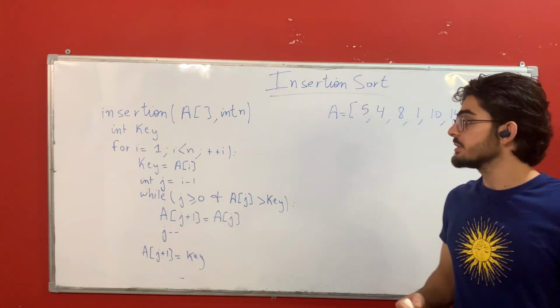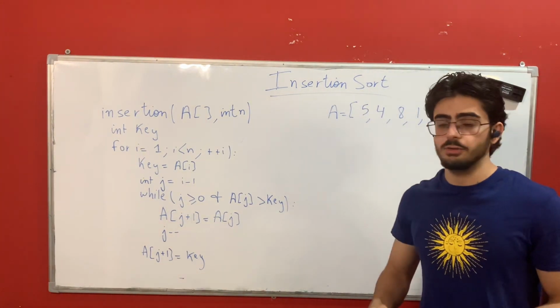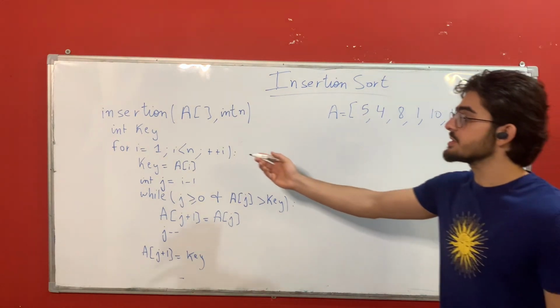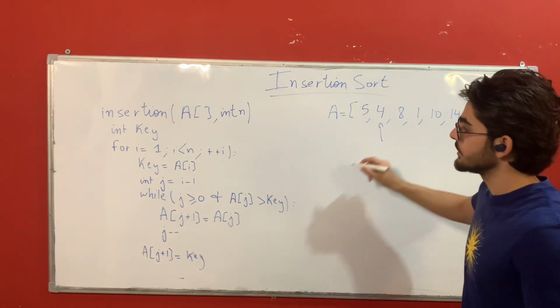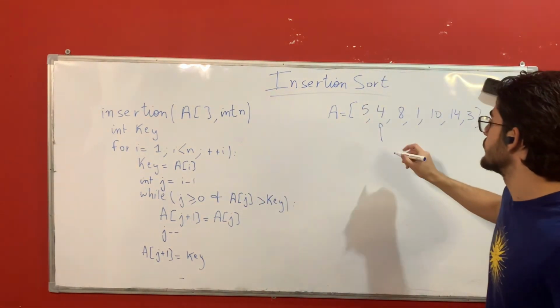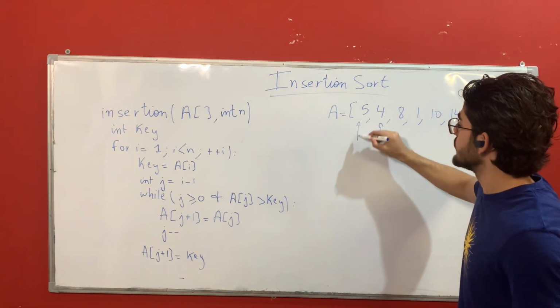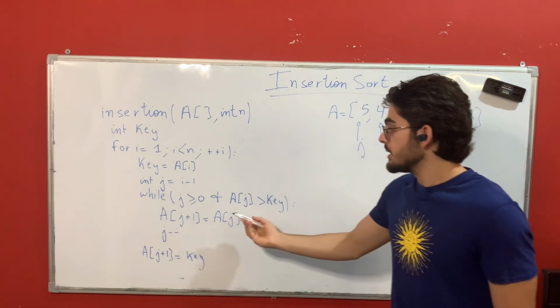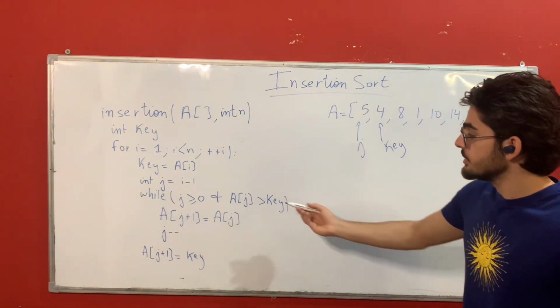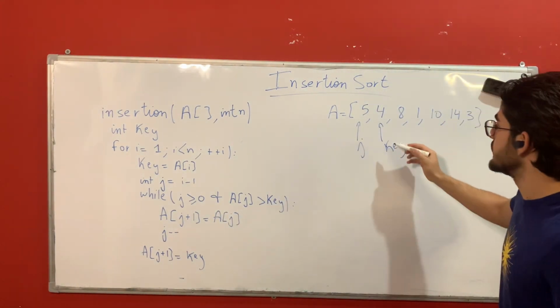Now let's simulate the array A on this algorithm. First, the chosen key is 4, because A of i is now 4. So j is pointing at 5. Here, j is greater than or equal to 0 and A of j is greater than key.